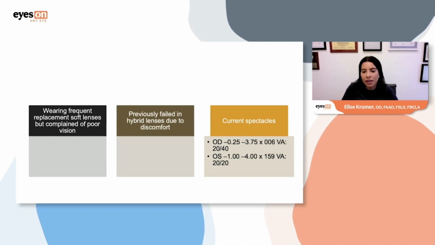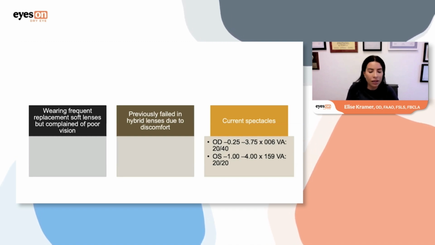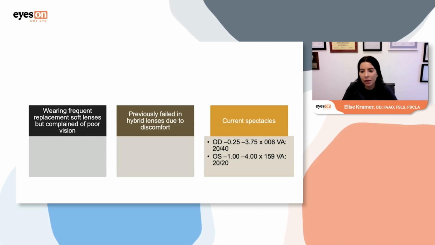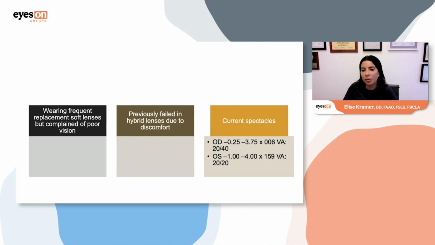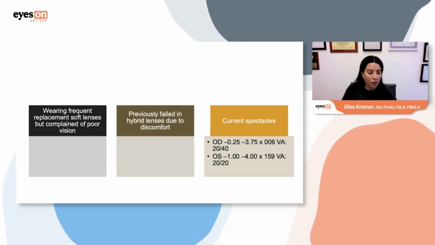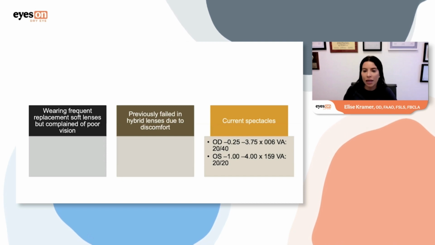She tried hybrid lenses, but they were really uncomfortable for her. With her current spectacles, she's seeing 20/40 in the right eye, 20/20 in the left. So it's not a super advanced keratoconus, but you can see there's a lot of astigmatism. Her best corrected visual acuity with these spectacles is only 20/40 in the right eye, so definitely room for improvement there.